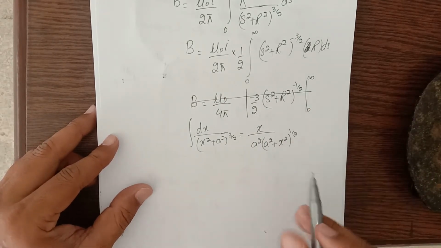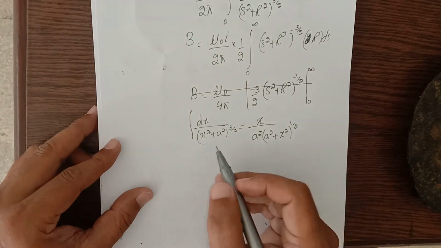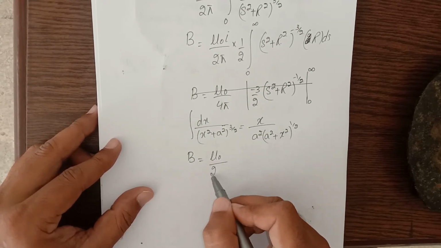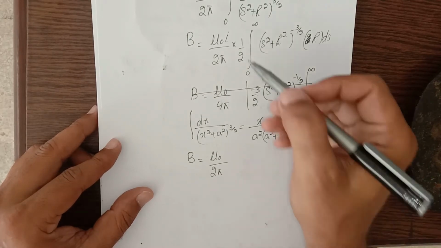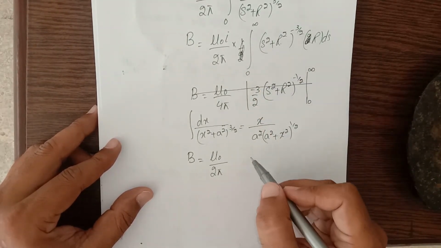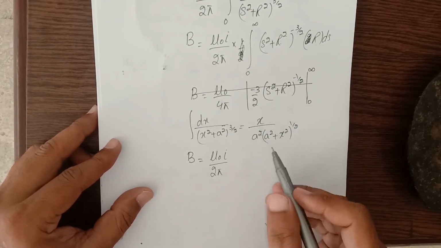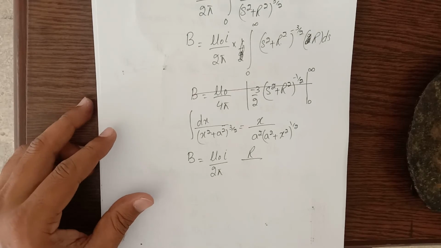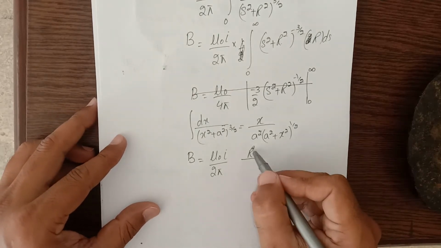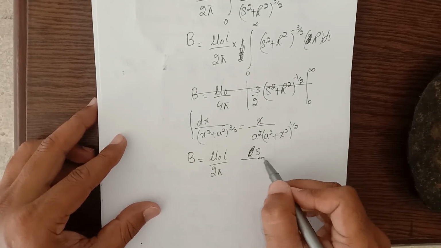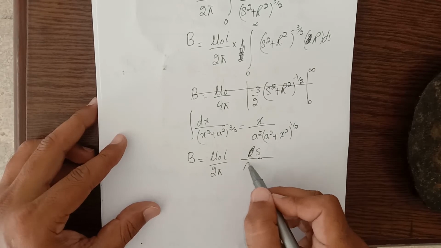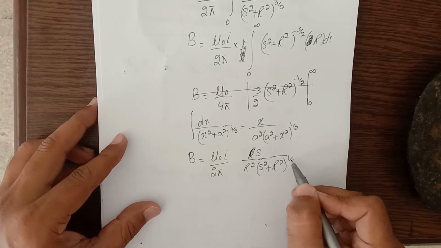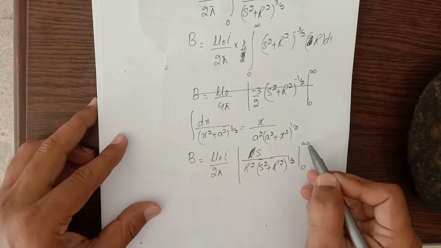So, running on similar steps, since x in this case is s and a in this case is r, using this integral I can write the magnetic field as mu naught over 2 pi I. This would now be cancelled, and this x would be s, over a square, which is r square, times s square plus r square, or r square plus s square, raised to power 1 by 2, with limits of integration from 0 to infinity.